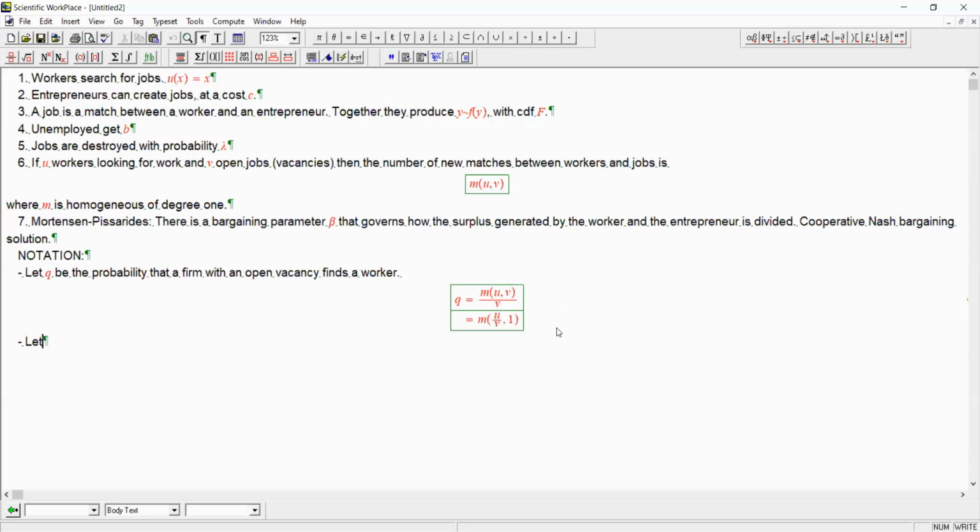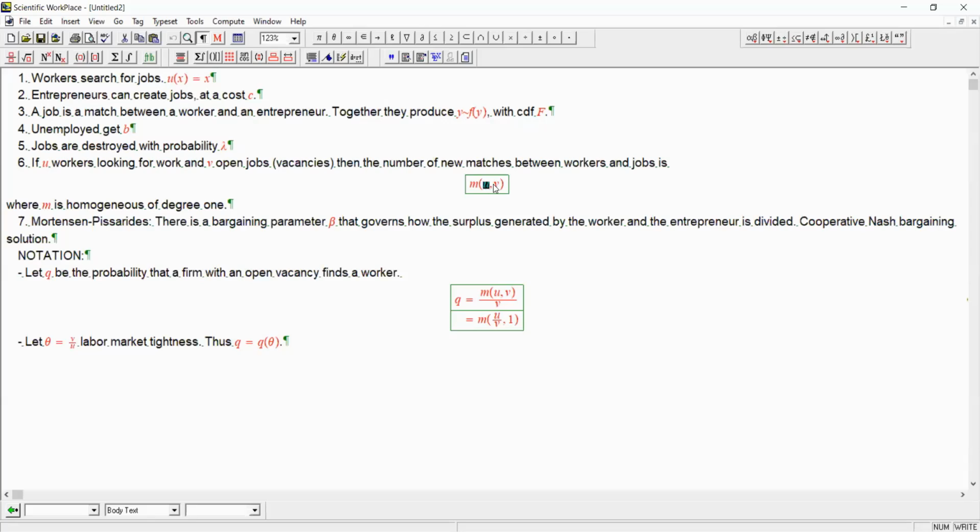Here's a bit more notation. Let theta equal V over U. This theta is also known as labor market tightness. Then we have that Q is just some function of labor market tightness, theta. Moreover, if we assume that M is increasing in both its arguments, that makes sense.